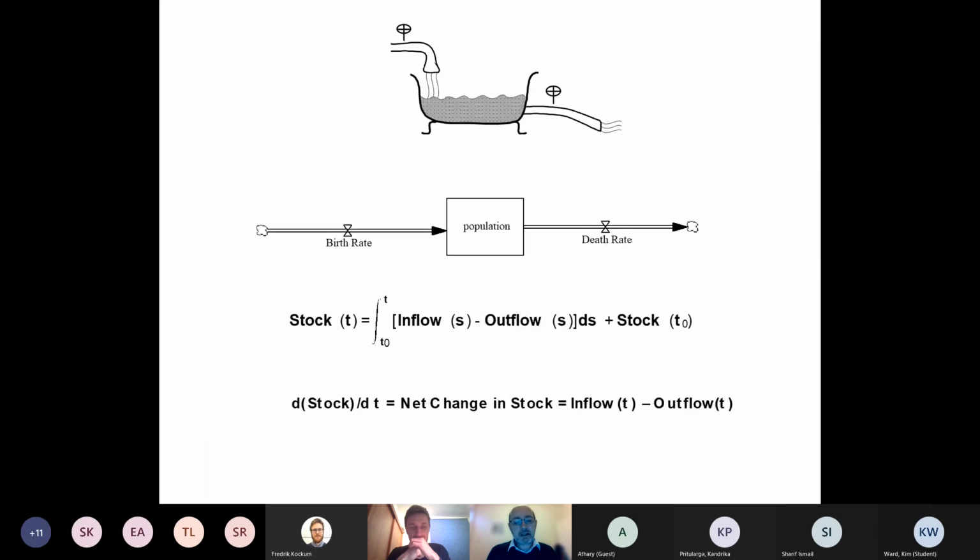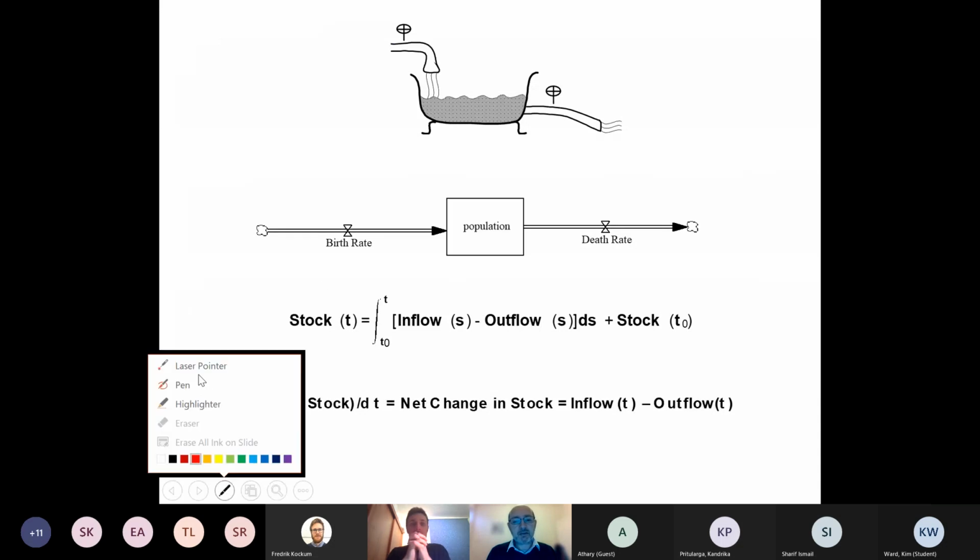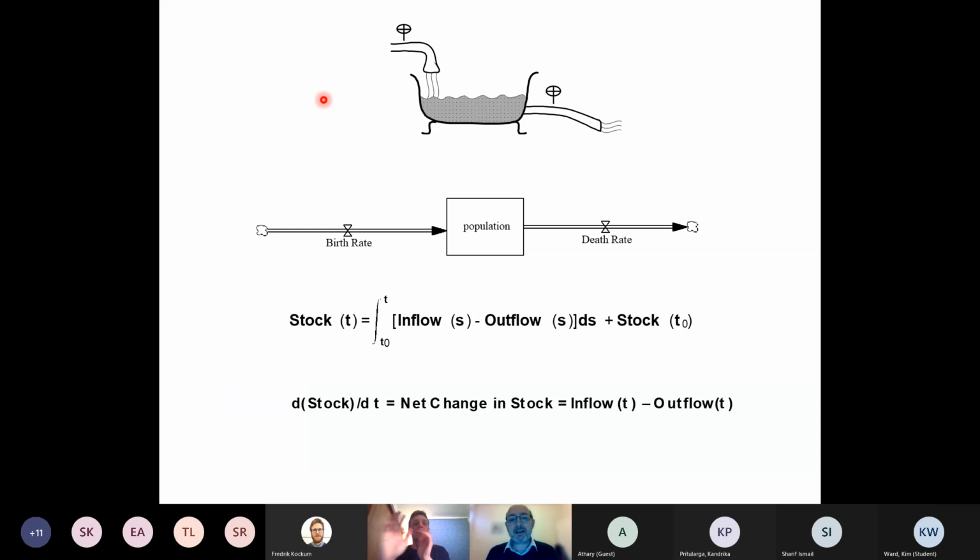So basically, if you need to explain to somebody what a stock is, you can use the bathtub analogy, where the stock is the bath and the accumulation is the water that is filling from the tap, and the tap is the flow. You see a line of water coming in, but what you really see is the water accumulating here.